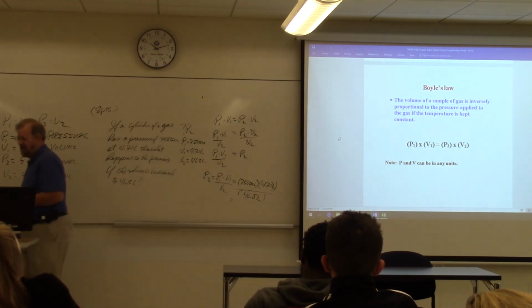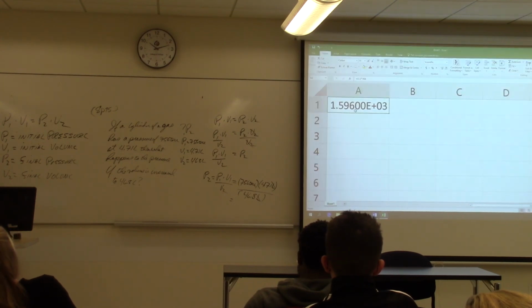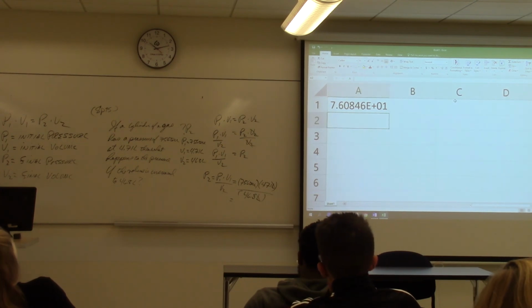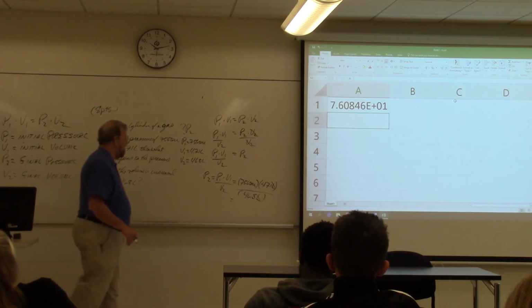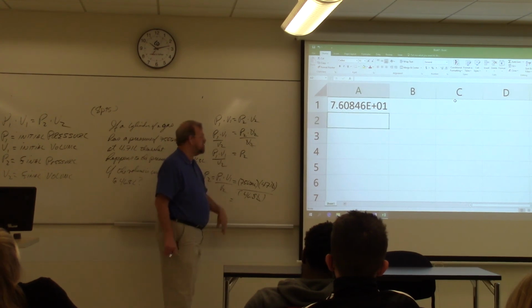Now I'll come over to my calculator. Put in the numbers, hit enter, and this is what I get. Now, we'll say on test 3, like test 2, please use proper significant figures. If I look at this, I have 3 significant figures, so my answer should be 3.